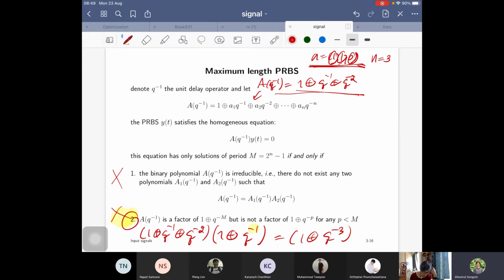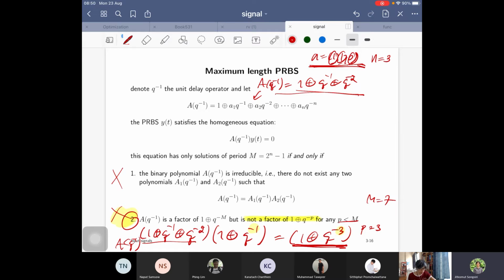Which means it violates this statement: your A(Q inverse) is a factor of 1 plus Q to the minus p, where p is less than m. In this case, p is equal to 3 and m is 7.